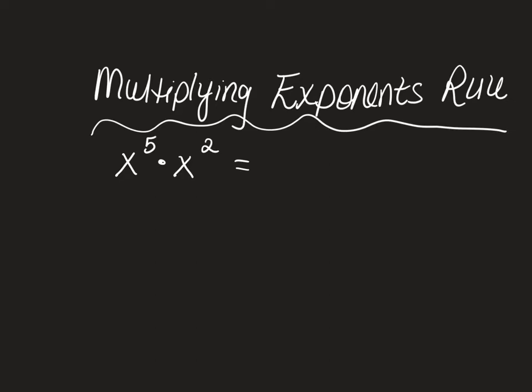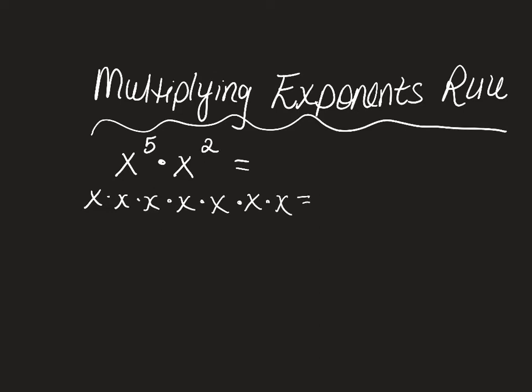The first thing I want to talk about is the actual multiplying exponents rule, and I'm going to show you where it comes from. So if I were to write this out, do you agree that there are 5 x's here? And then it's being multiplied by 2 more x's.